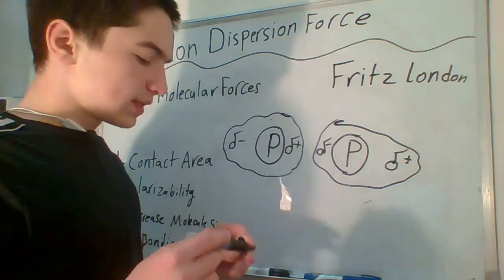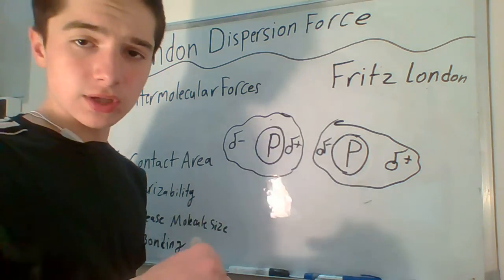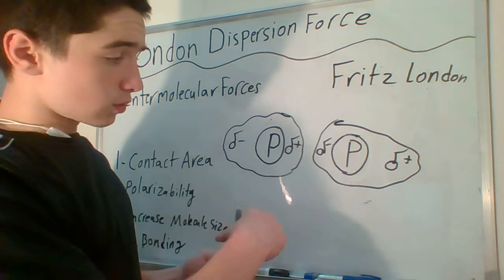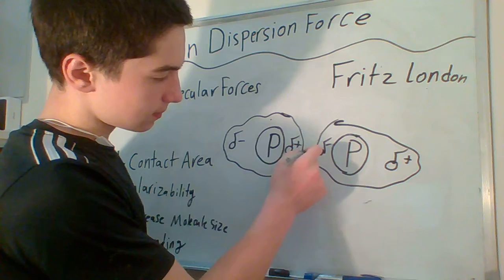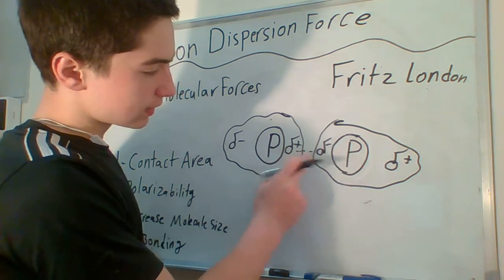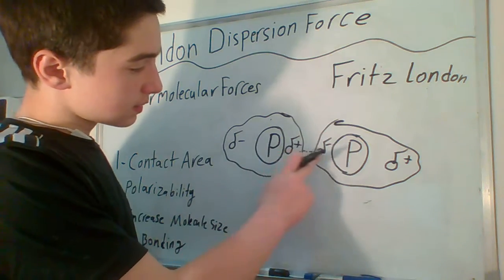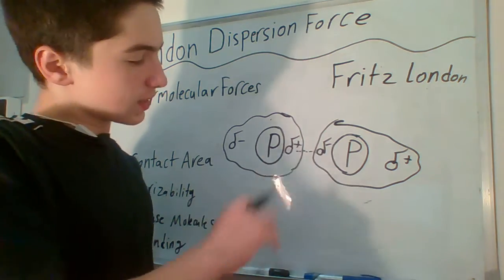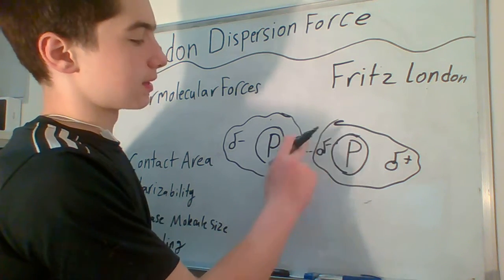Okay, so what's happening here? As soon as we have those temporary dipoles, we're going to have an attraction here. They're holding each other, but not for a long time, and it's not that strong. And that is the London dispersion force. It's going to stay for a little bit of time, and it will disappear later.